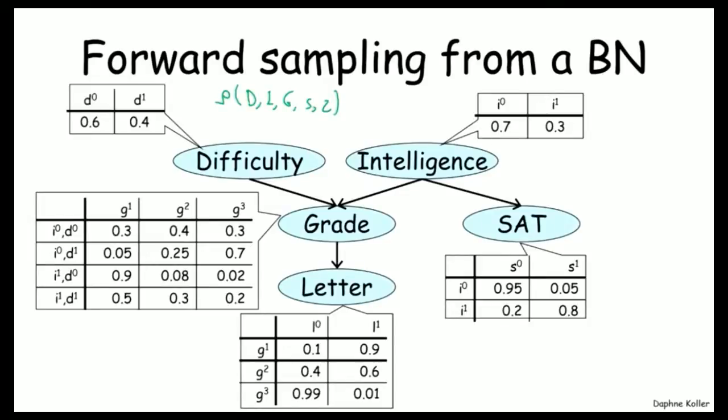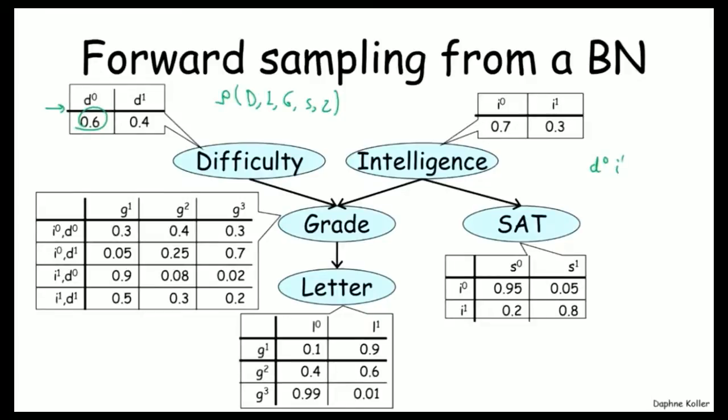We start out, say, by sampling the difficulty variable. And the difficulty variable is sampled from this distribution over here, which is 0.6 versus 0.4. And so we use the trick that we showed a couple of slides ago and say it comes out D0. I'm going to write down D0 over here. Now I'm going to sample I, and I'm going to toss a coin with probability 0.7, 0.3, and say it comes out I1.